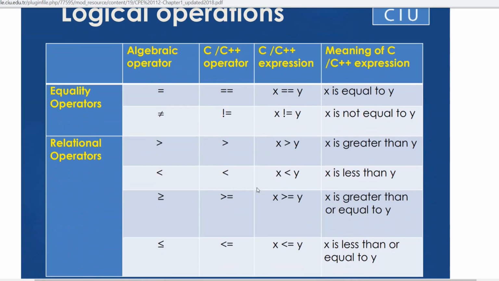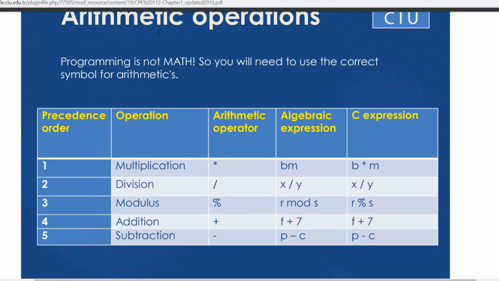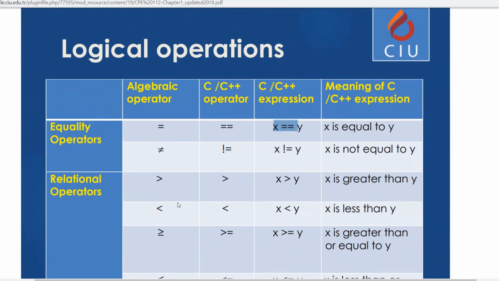We can also see the logical operations. Now, the outcome of a logical operation is either true or false. So whenever you take a logical operation, the outcome of it, rather than being a number as in the arithmetic operation, will now be a true or false case.